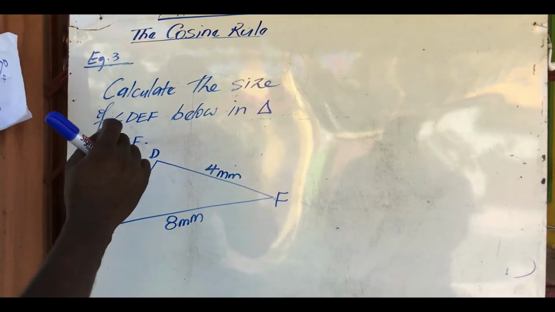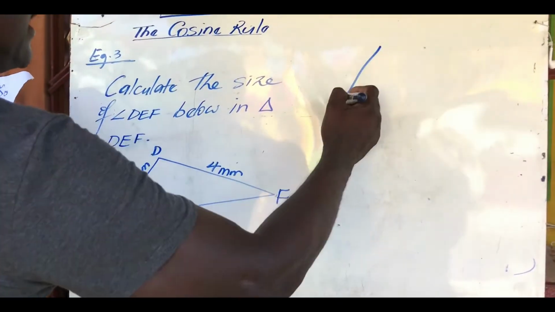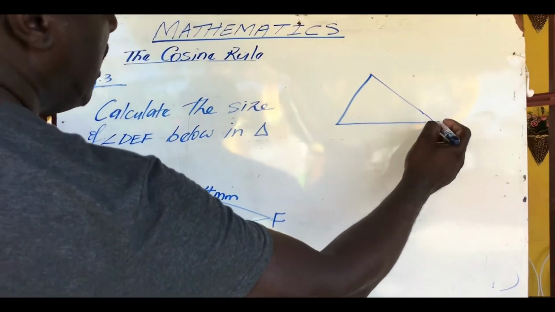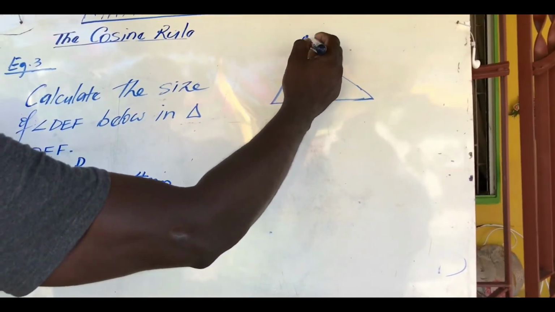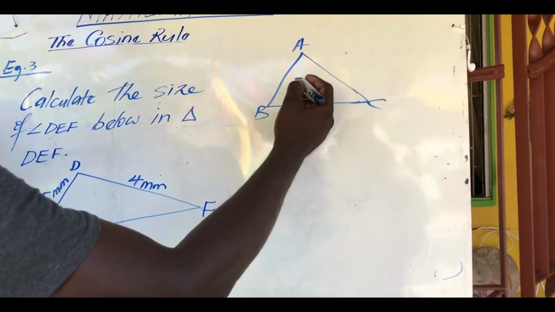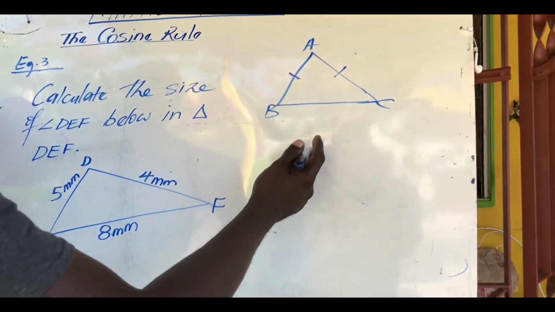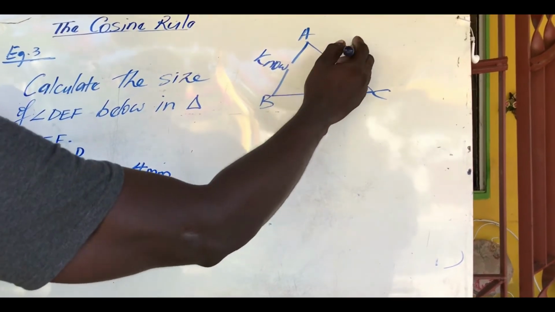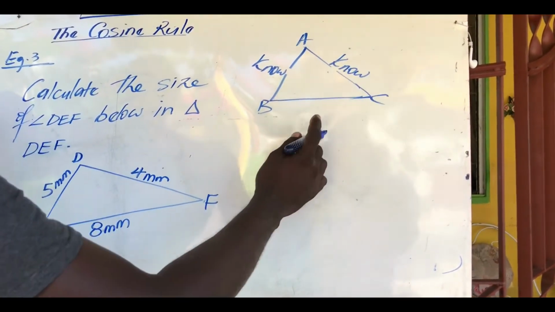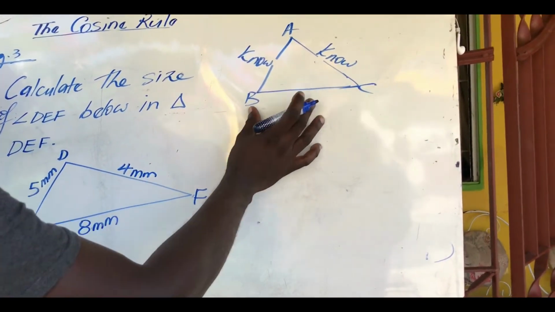Based on what we have seen so far, it is okay to use the cosine rule if we have triangle ABC and we know two sides but don't know the third side.